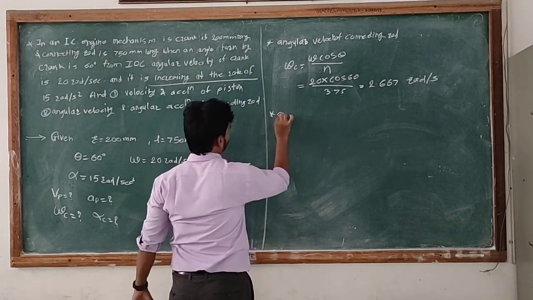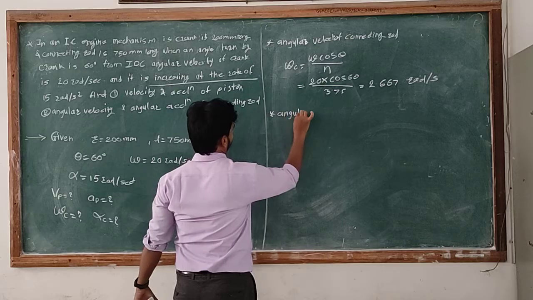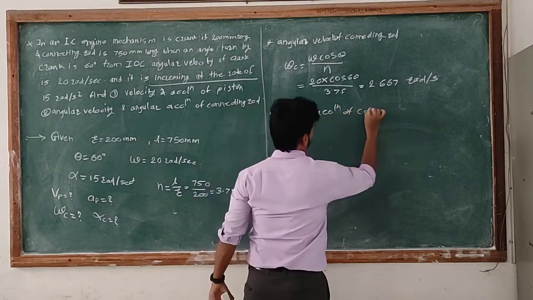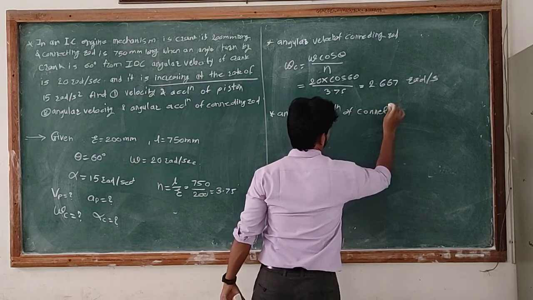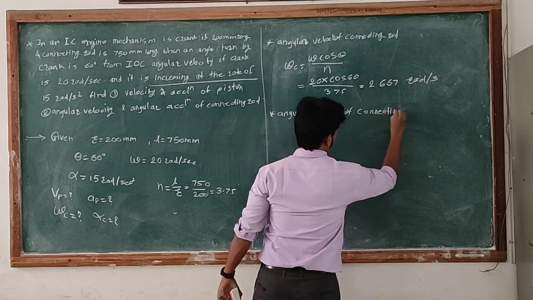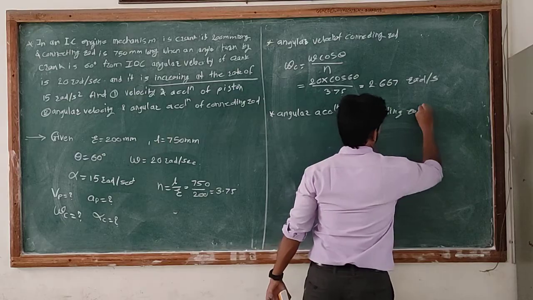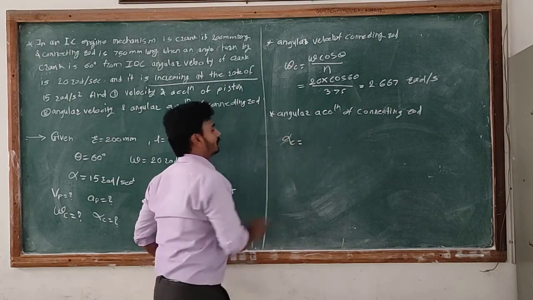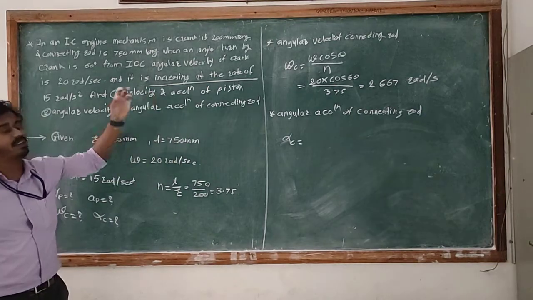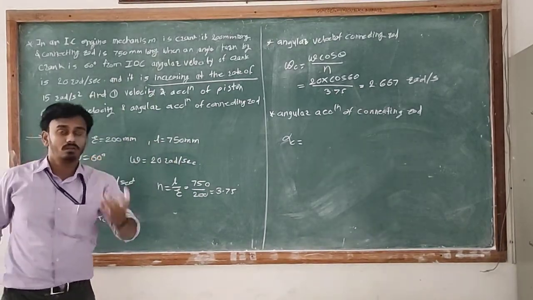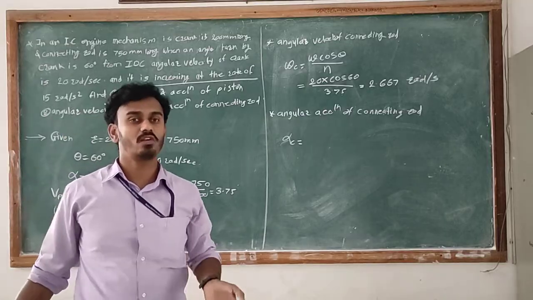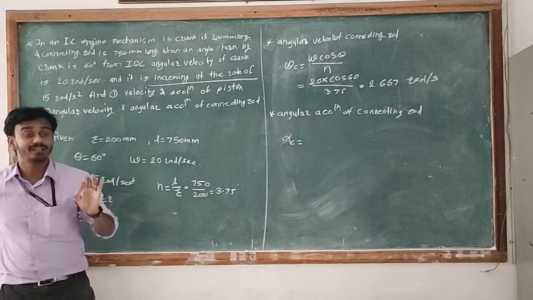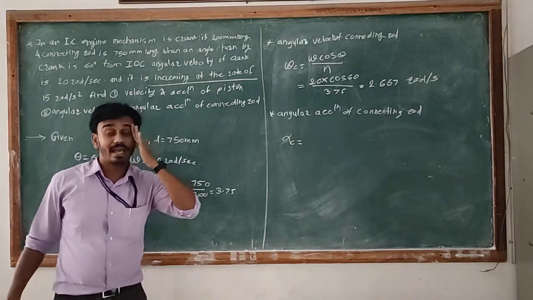Now the angular acceleration of the connecting rod, alpha c. In the numerical they have given that the angular velocity of the crank is not uniform, so we have to use the formula by considering there is angular acceleration.